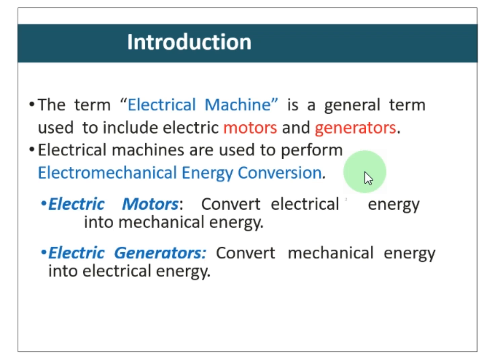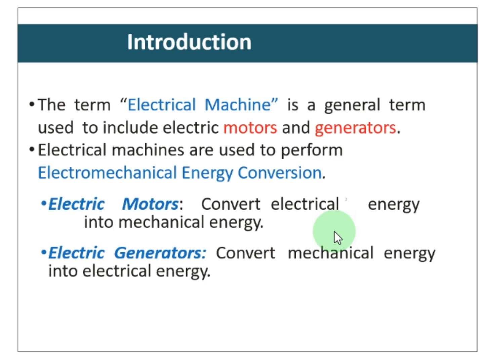They convert mechanical energy into electrical energy. The electrical generators convert mechanical energy generated maybe from water or gas turbines or whatever it is. The mechanical power produced will be converted into electrical energy. So they are called electric generators.